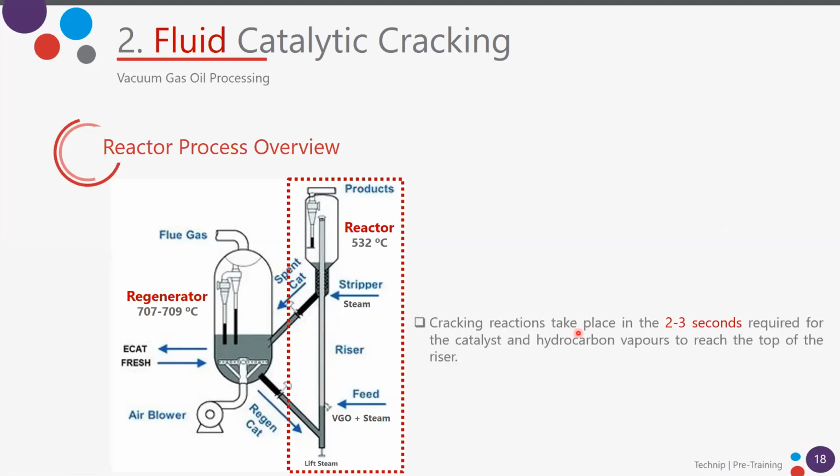The cracking reactions take place in only 2 to 3 seconds, required for the catalyst and the hydrocarbon vapors to reach the top of the riser. So you have the reactions in this pipe, in this riser, in only 2 to 3 seconds. You have here the catalyst and the feedstock reacting.